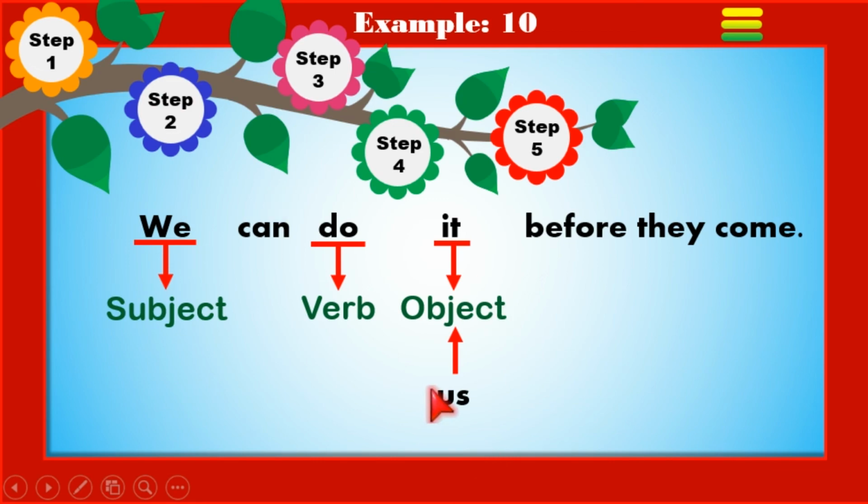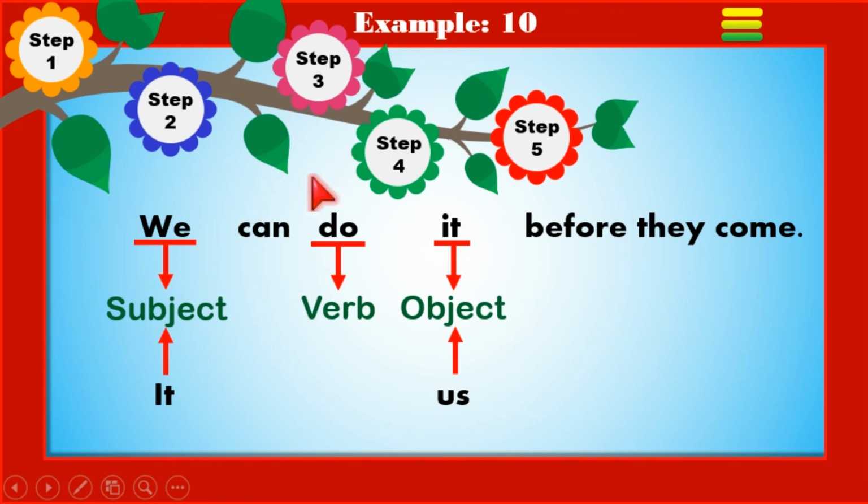Subject becomes object. Step 3. Object becomes subject. And then step 4. So you look at the sentence. This is a sentence with modal verbs. Here can is used. So already we discussed, if the sentence has modal verbs, we have to use be.